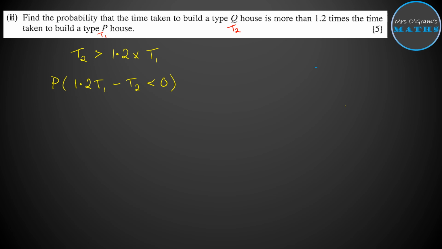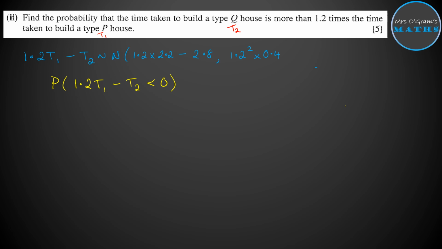So if we do this as a new distribution, then 1.2 T1 minus T2 will follow a normal distribution. I'm actually going to need a bit more room, so I'm just moving it over. And now to get the means of this, we will do 1.2 lots of the mean for T1, take away the mean for T2, but for the variances, it's going to be 1.2 squared when you multiply variance by a constant.